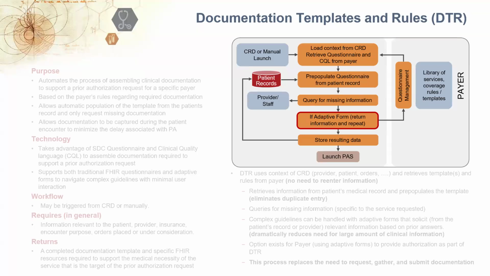But basically, with a standard questionnaire, they call the questionnaire package operation on the payer. They get back that standard questionnaire, and they're done communicating with the payer, basically. It's up to them to take all that, fill it out, present it to the user, and gather the information.